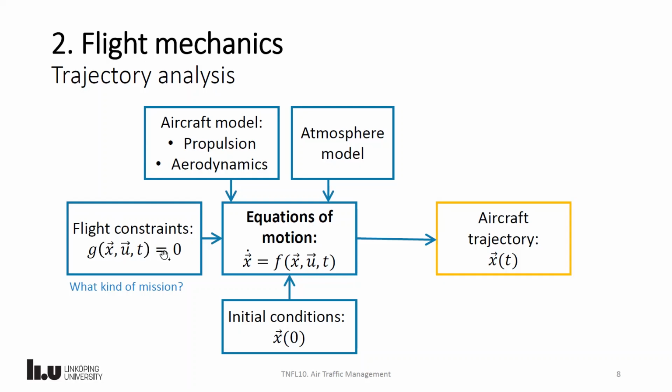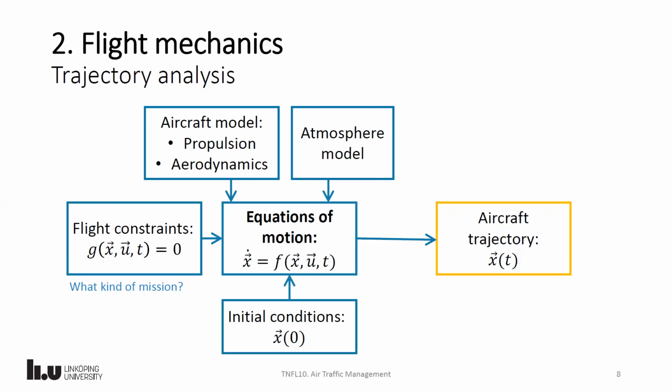And finally, we have something that is called flight constraints. So of course, aircraft are going to behave like any other object in the universe, by the Newton laws. But if you want to know how an aircraft is going to behave in a given segment, in a given mission, you have to give it flight constraints. So what kind of mission are we going to try to perform?